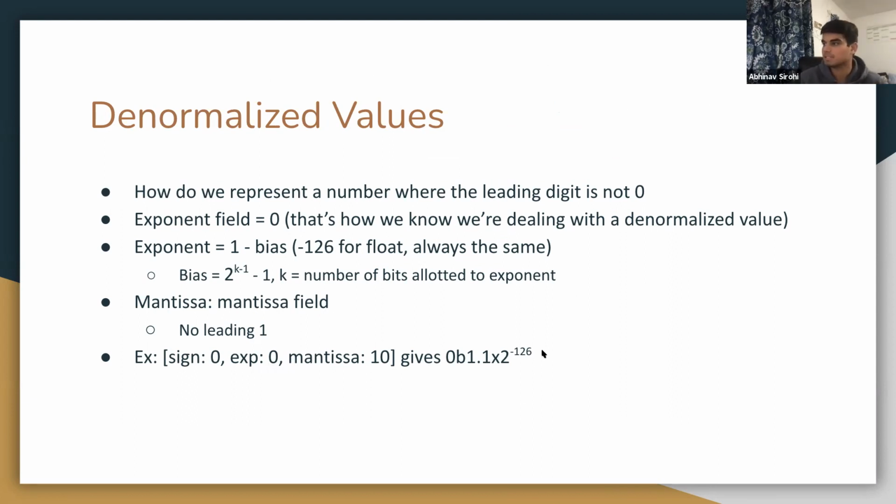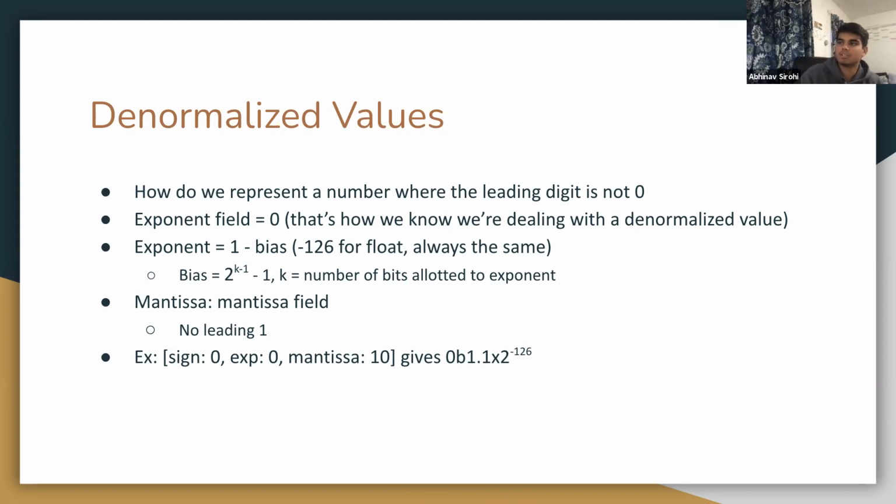If we actually multiply out by the 2 to the negative 126, this decimal point will move over 126 places, and this is a number that starts with a 0. So that's how we store numbers that start with zeros on the left side of the decimal point.